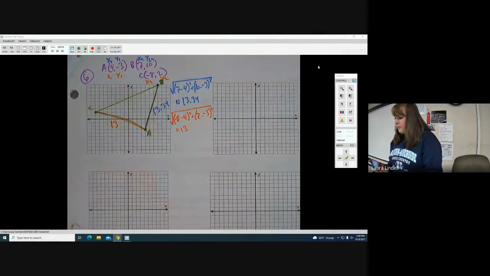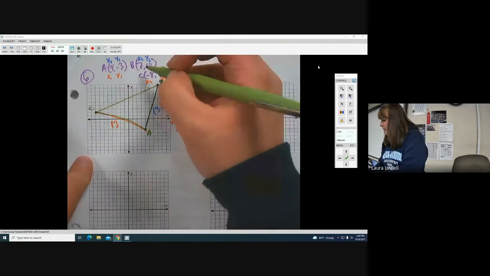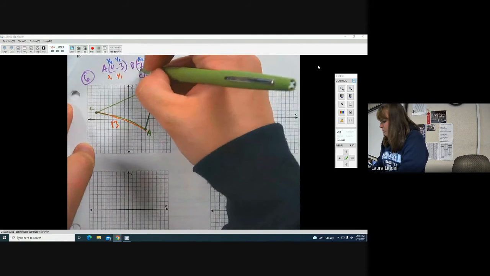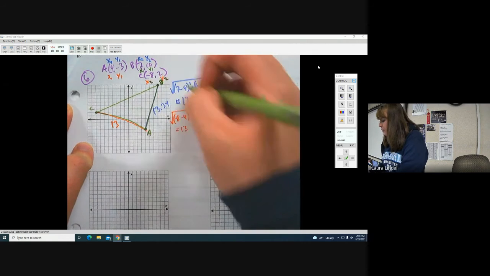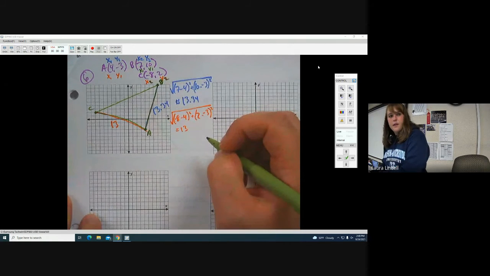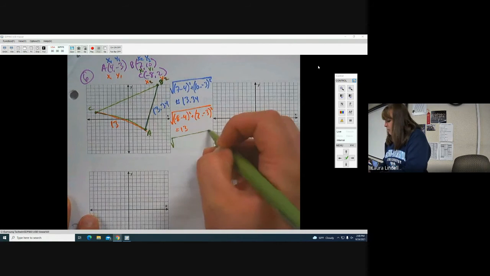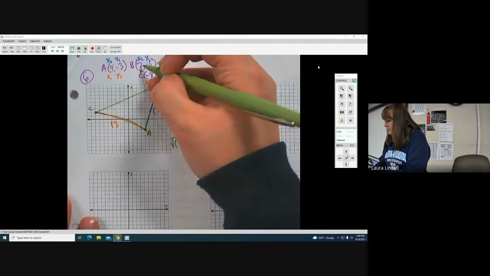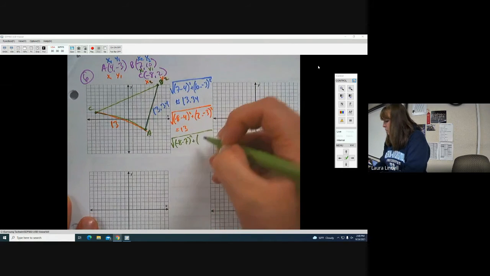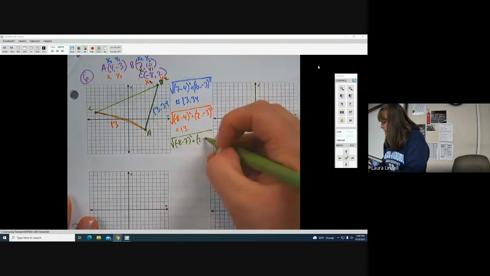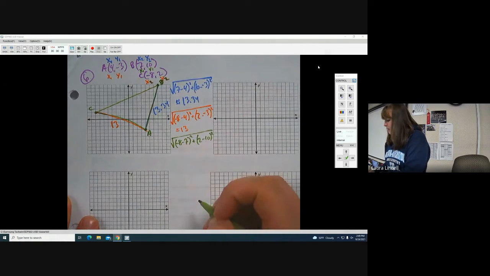Then lastly, we want to figure out the length of BC. So this time we'll have B be x1, y1, and C will be x2, y2. One more square root. This time x2 minus x1 is negative 8 minus 7 squared. y2 minus y1 is 2 minus 10 squared.